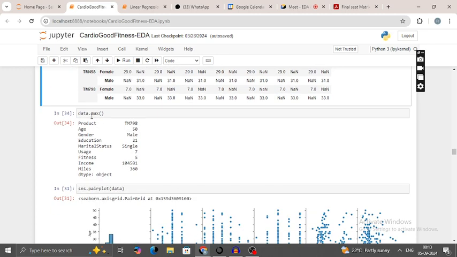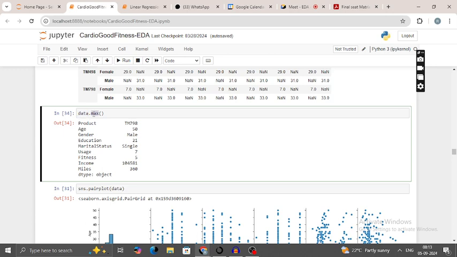So for the max values, data.max: in the product column, most of them are using TM798. In age, the maximum is 50 years. In gender, male.